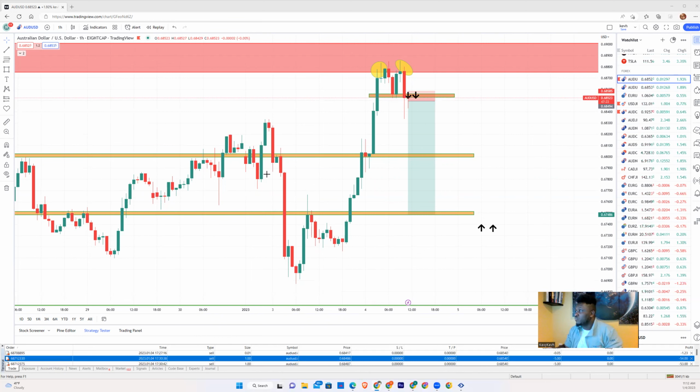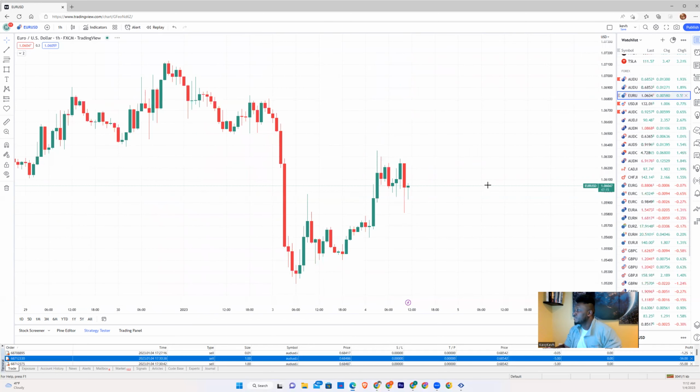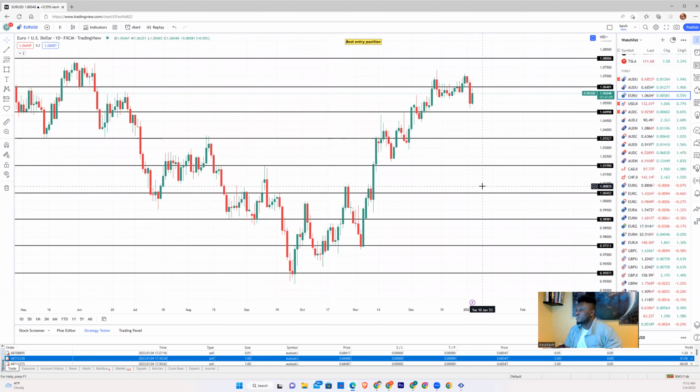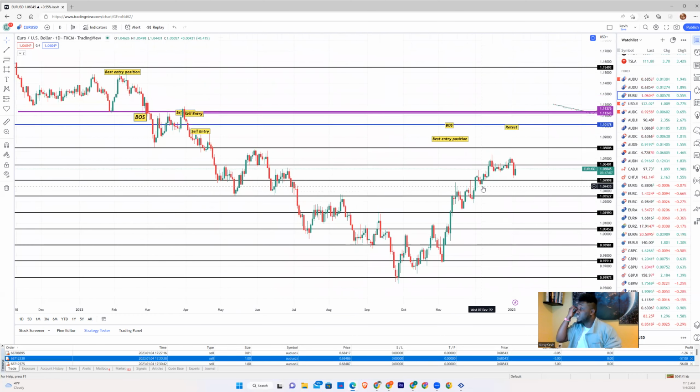The other thing that I'm going to quickly look at, maybe Euro USD. I am not in this trade, but it's pretty much the same.